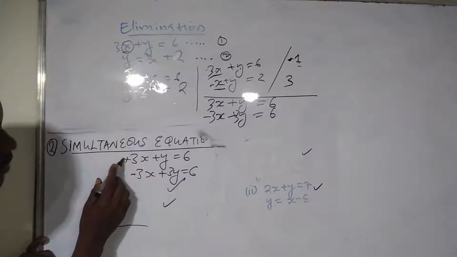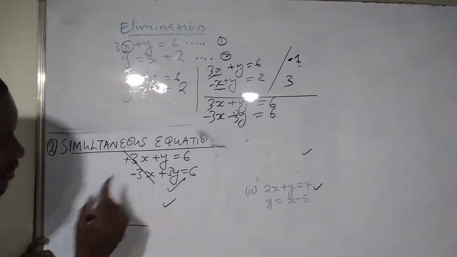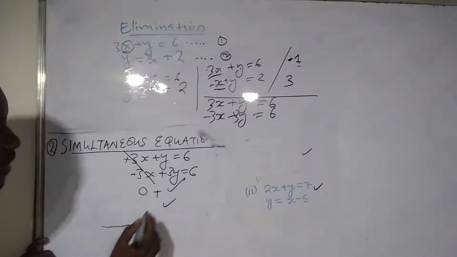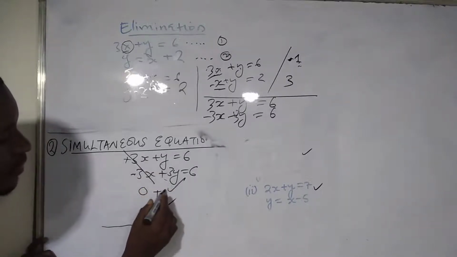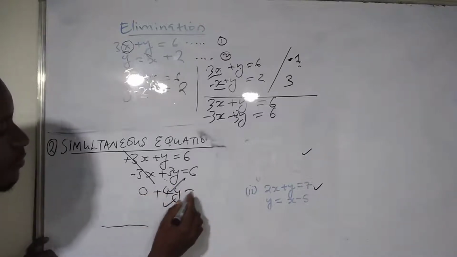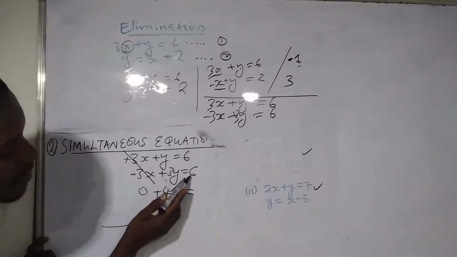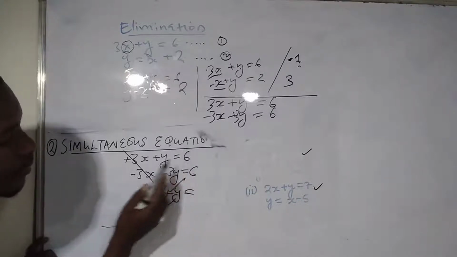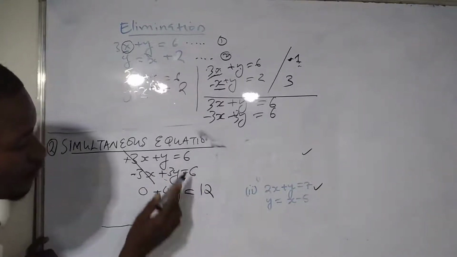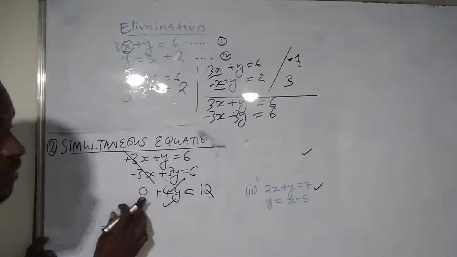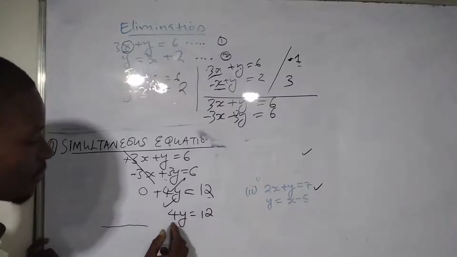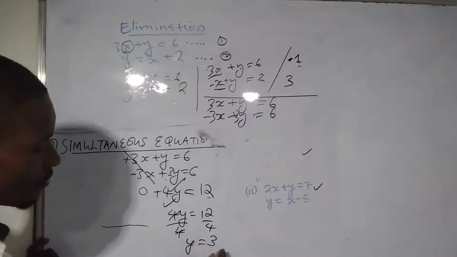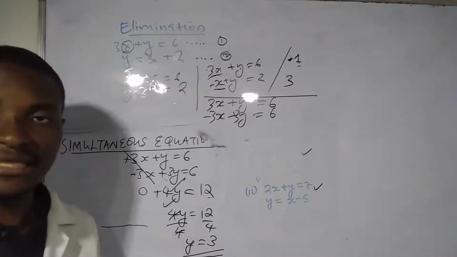So you are going to say 3x minus 3x, this cancels, you get 0, plus positive y plus positive 3y, this is going to give you 4y. And then these 6 and 6, they are also positive, so 6 plus 6, you get 12. So 0 is nothing, so this is just going to be 4y equals to 12. Then you divide both sides by 4. This is going to give you 3, and that is the value of y.